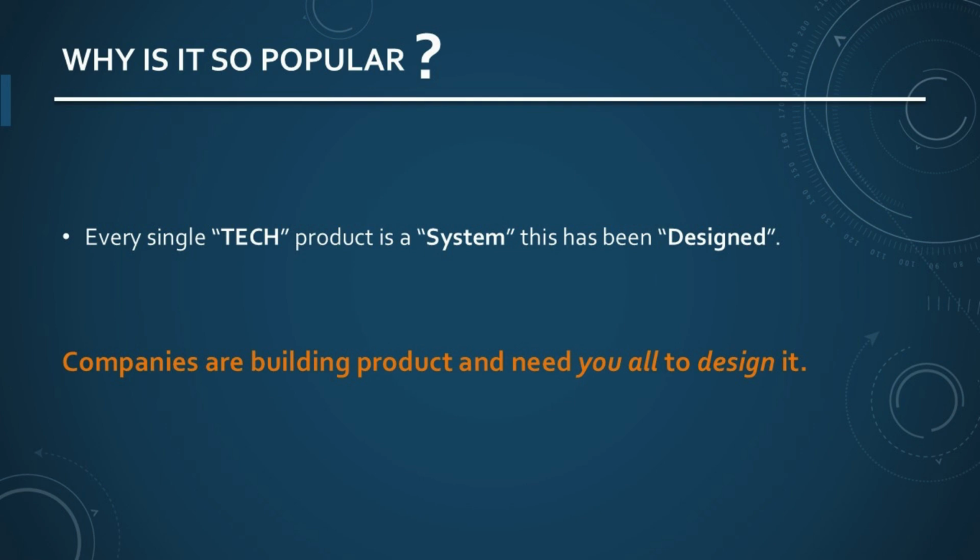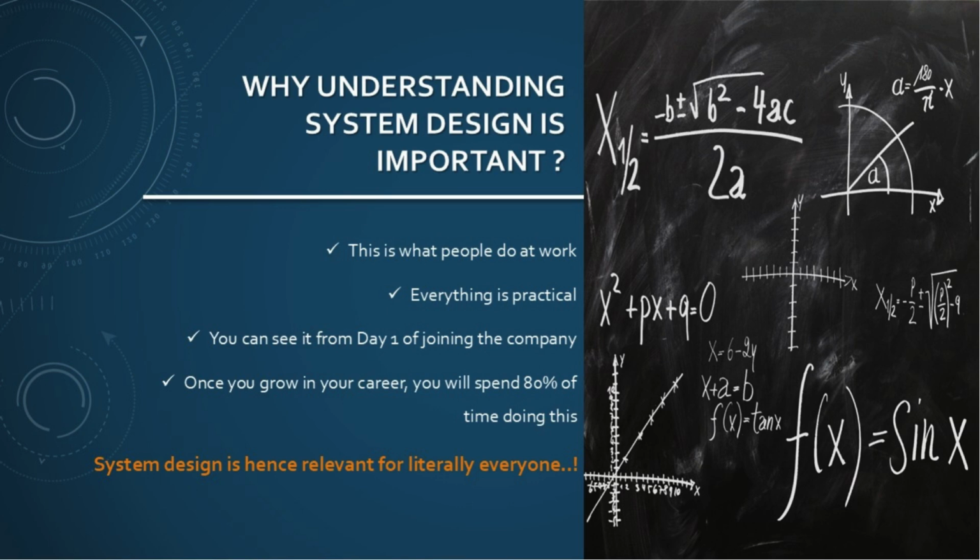Companies are building products and need all of you to design them, right? It's so closely related to how companies typically do, quote unquote, product development. That's why everyone is focusing on system design, because this is what is closest to what you do at work. And which is why it is really important to understand system design.